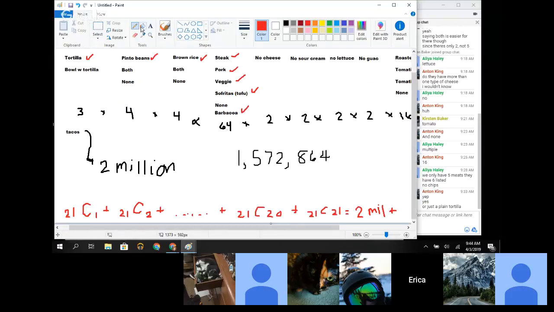So maybe when you're designing your research, you say we're not going to count it if you just order two items, which would actually be your quesadilla, right? A tortilla with cheese would be a quesadilla. So it really just depends on how you design your study as to what you're going to do.